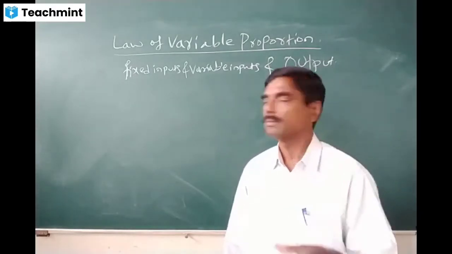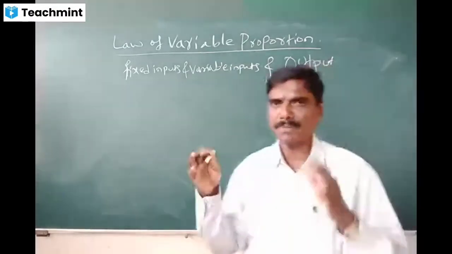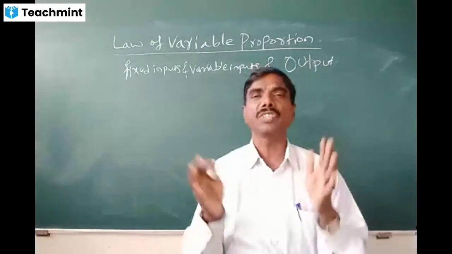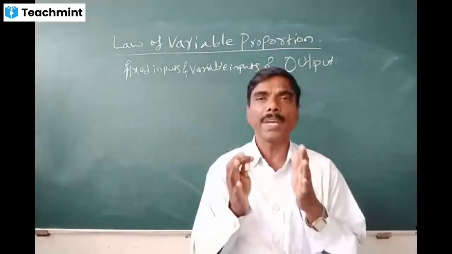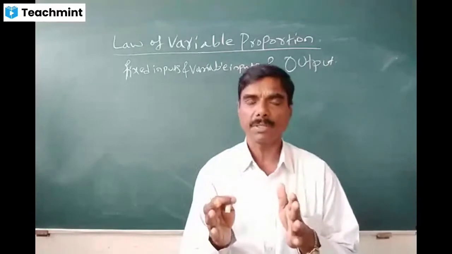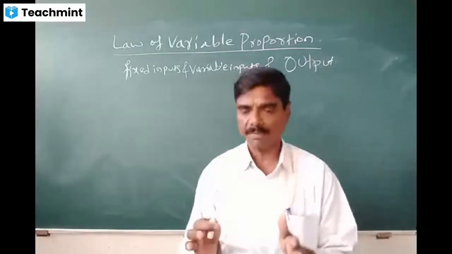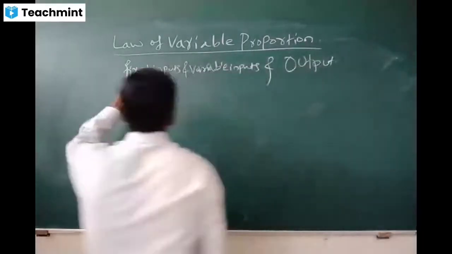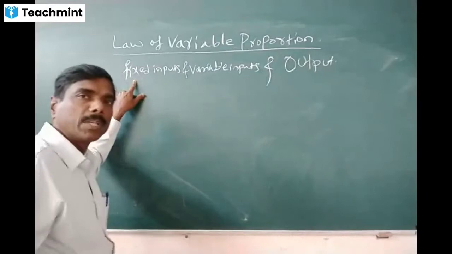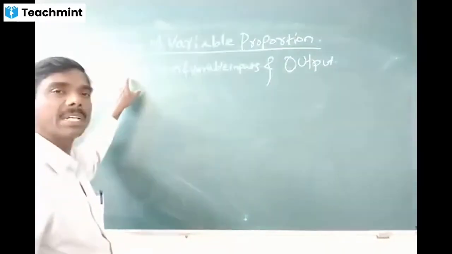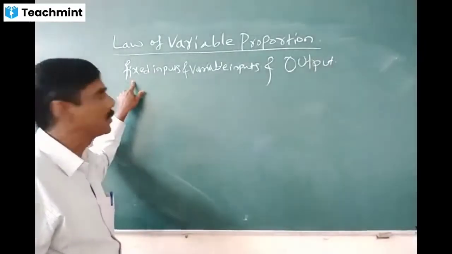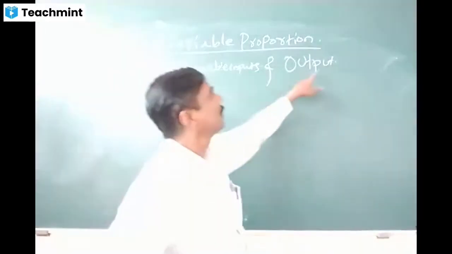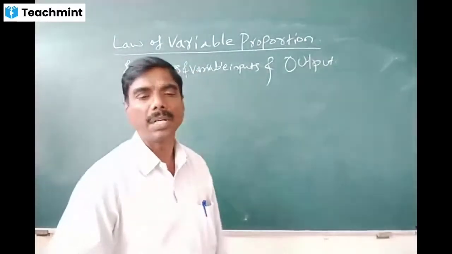And variable inputs, variable means changeable, a company can change. So the variable input is labor. It explains the relationship between fixed input and variable input on the one hand and the output on the other hand.